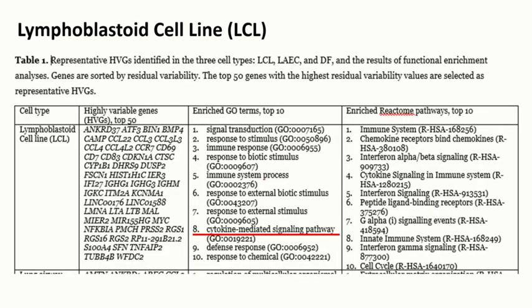Then we look at, for lymphoblastoid cell line, what are those highly variable genes? We just pick those genes which are way above the curve, the most variable one and second most variable one. So those are the top 50 highly variable genes from lymphoblastoid cell line.